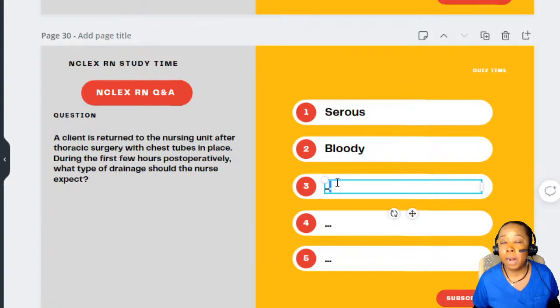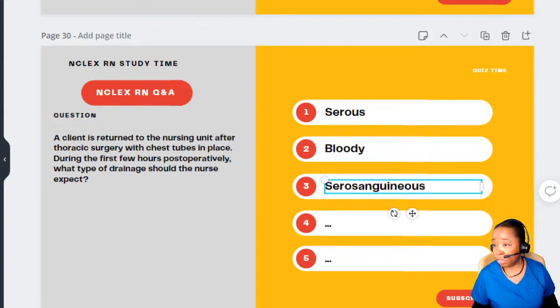And then you're going to have bloody, which is a bright red coming out. You have serosanguinous. And then the last one is bloody with frequent small clots.